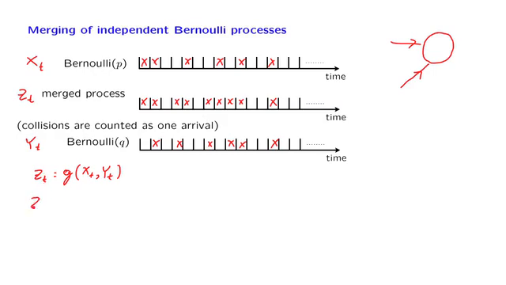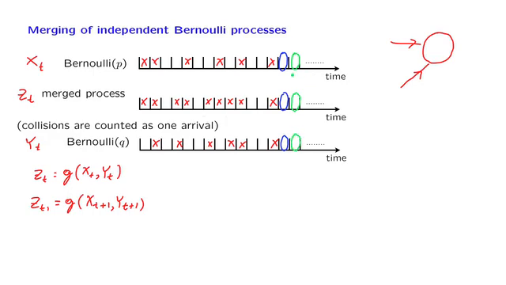And similarly, the random variable zt plus 1 is determined in some way from xt plus 1 and yt plus 1. What this is saying is that whether we have an arrival at this slot is determined by what happens in these two slots, and whether we have an arrival in this slot is determined by whatever happens in these two slots.